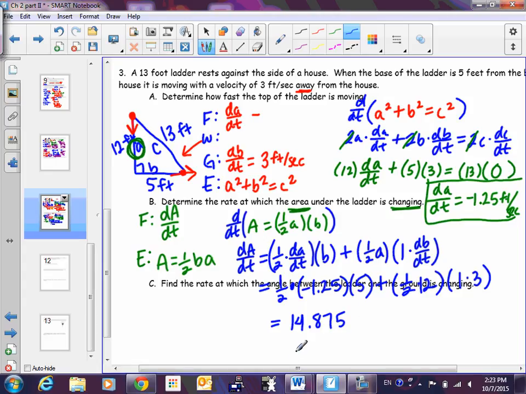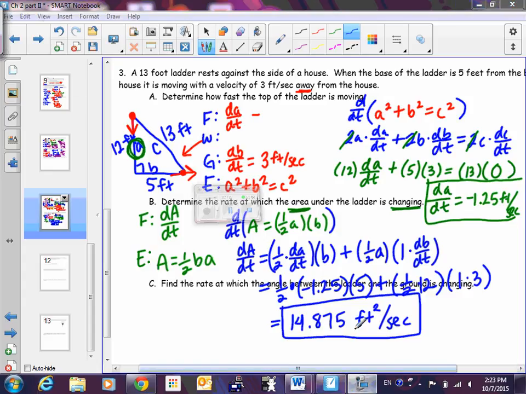You'd get 14.875. And since this is the change of area, what should my units be? For area, I would use feet squared per second. So at the moment when all this is happening, the area is getting bigger because that's a positive rate.